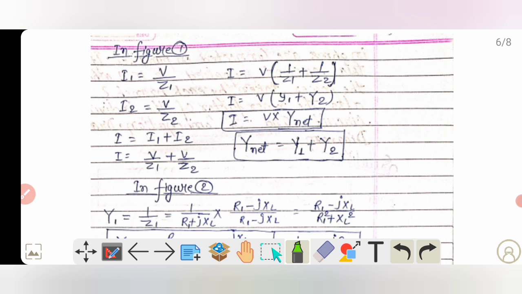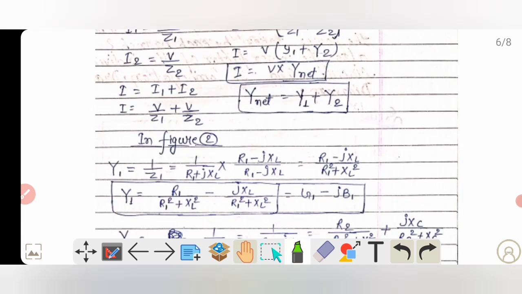As we put the value of I1 and I2, our whole equation will be I is equal to V into Y1 plus Y2. My dear friends, Y1 is equal to 1 by Z1, and Y2 is equal to 1 by Z2, and the value of Y1 plus Y2 is equal to Y net. So I will be equal to V into Y net. Y is basically admittance.